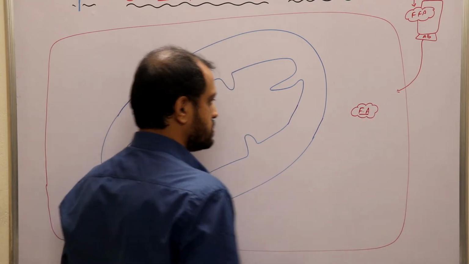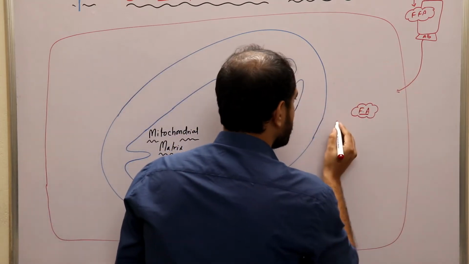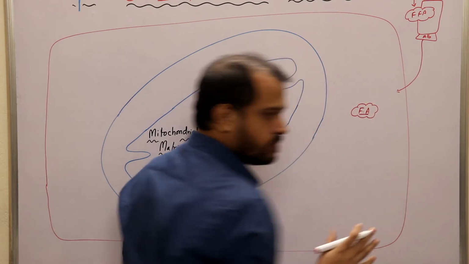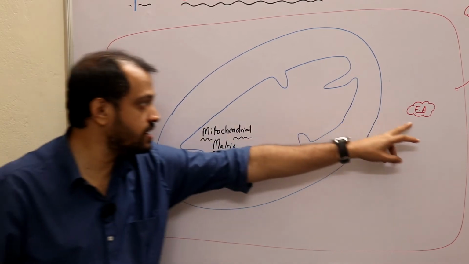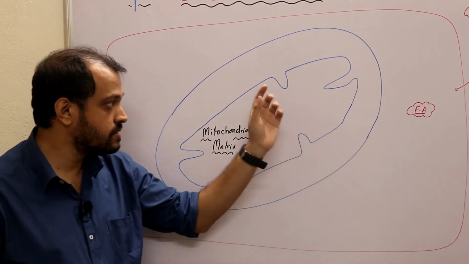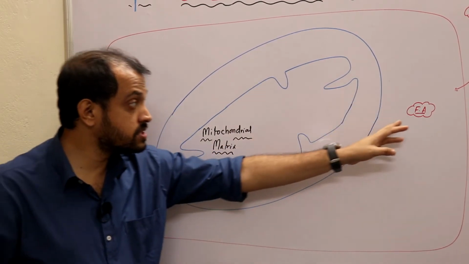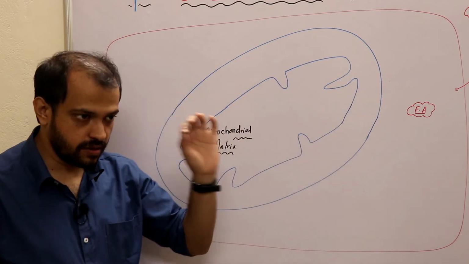Now first things first you need to understand is, whenever you want to take fatty acid from here, from the cytoplasm, to the mitochondrial matrix, the first thing you will have to do is charge your fatty acid. You will have to charge your fatty acid.